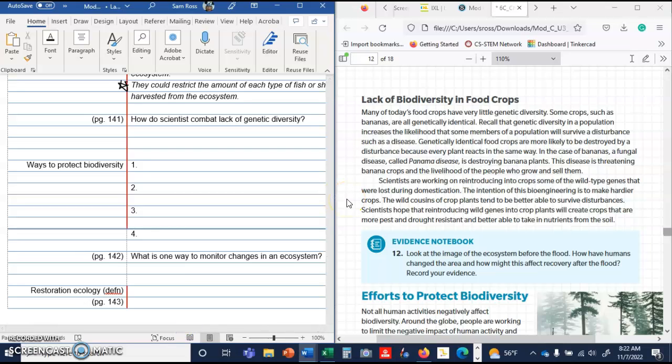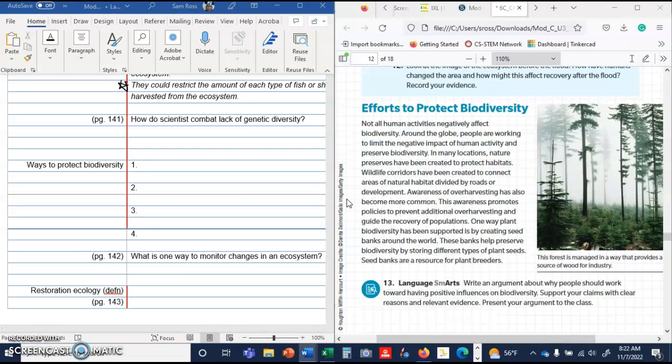Ways to protect biodiversity. So that's going to be here. I have 4 ways. Let's see if we can find them all. Wildlife corridors have been created to connect areas of natural habitat divided by roads or development. So wildlife corridors, awareness of overharvesting, creating seed banks around the world.